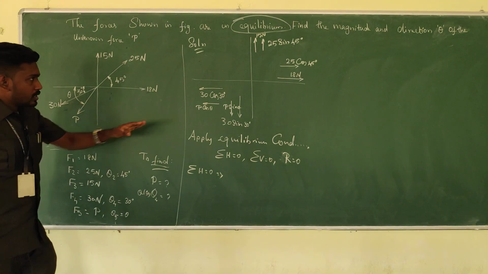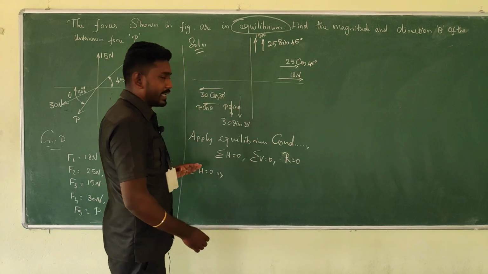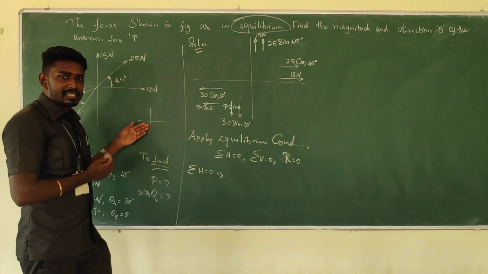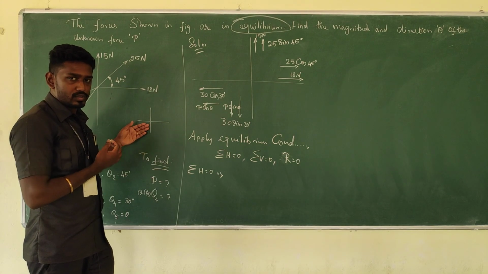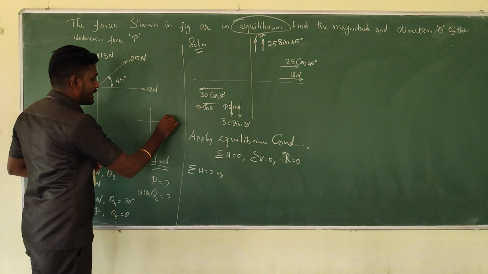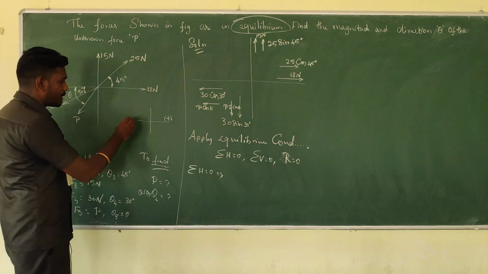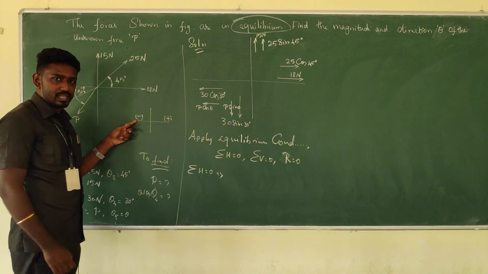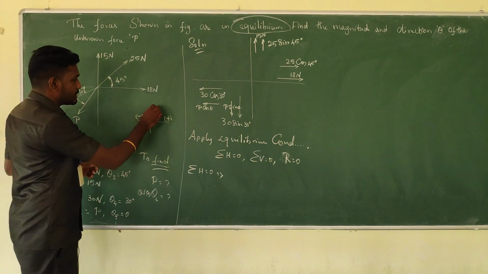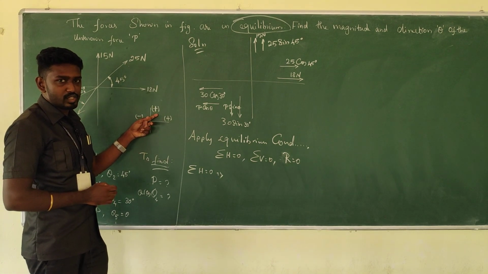Just try to add all the horizontal forces. When you are adding, we have to see the nature of each force, whether it is moving to the right side or left side. If the force moves horizontally right, then it is positive. If the force moves horizontally left, then it is negative. For the vertical forces, if the force is vertically upward, the sign is positive.